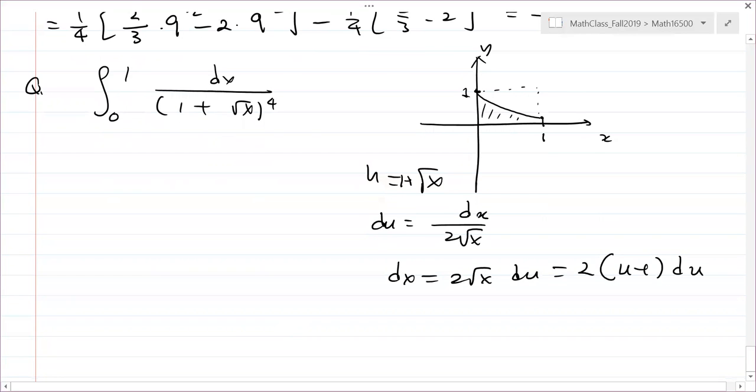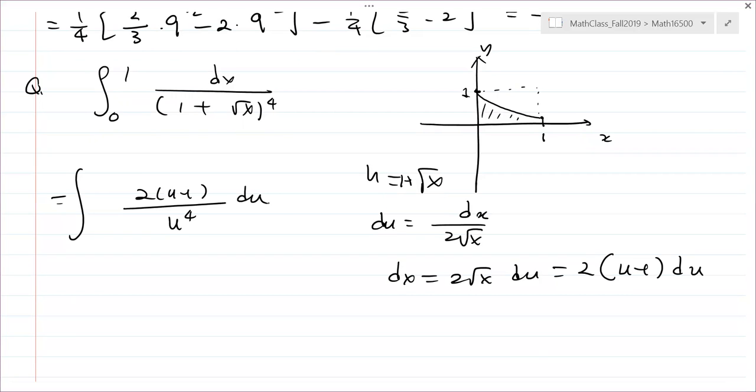So we can replace everything. Don't forget this is u to the 4th power, and dx is 2(u minus 1) du. Now, what is the interval for the u variable? When x equals 0, u is 1. When x equals 1, u is 2. Good.